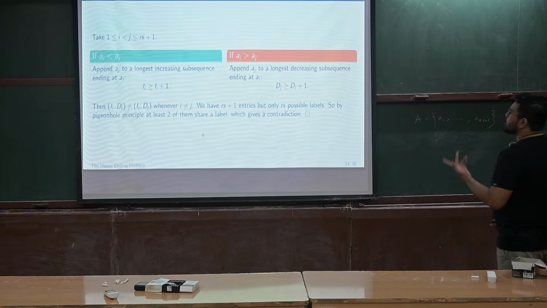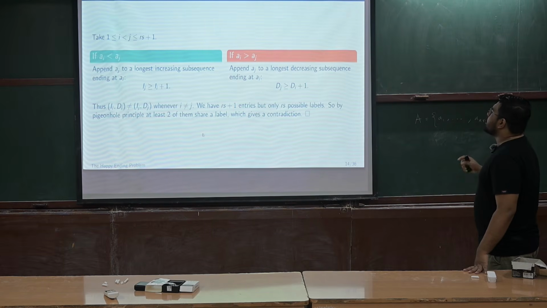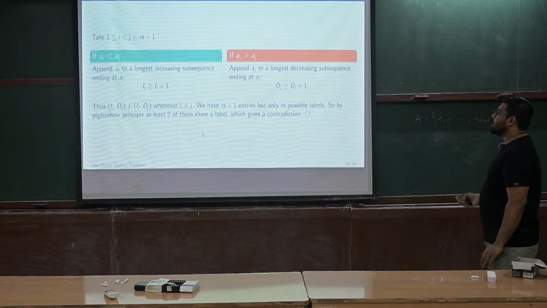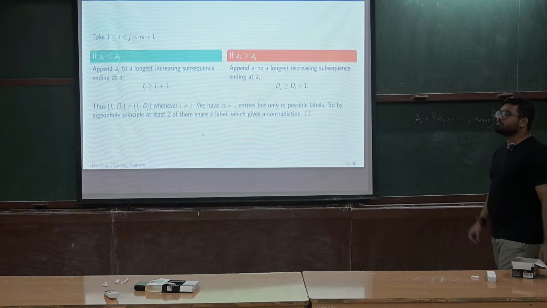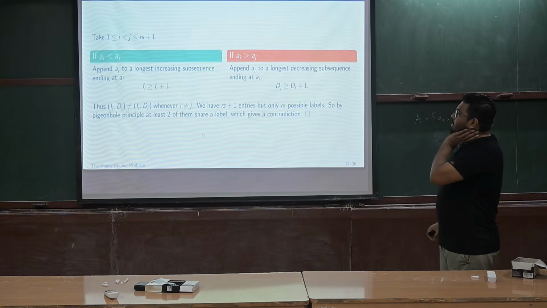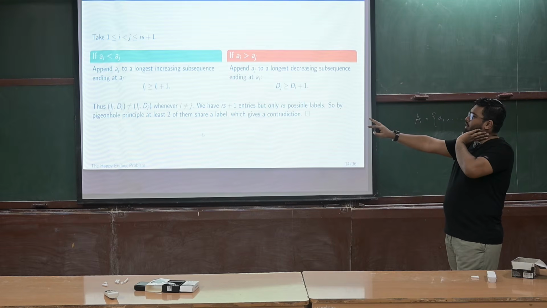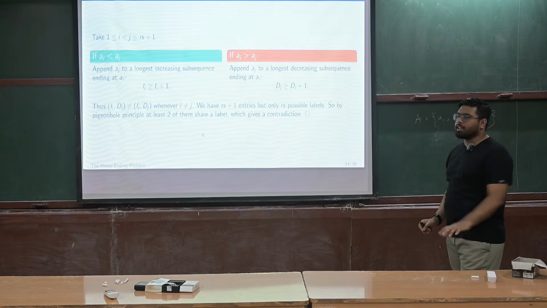And if it's the opposite, that a_i is greater than a_j, then you append a_j to the longest decreasing subsequence ending at a_i. So again, d sub j is greater than or equal to d sub i plus 1. So now you can convince yourself from this that no two labels can be the same when i and j are not equal.